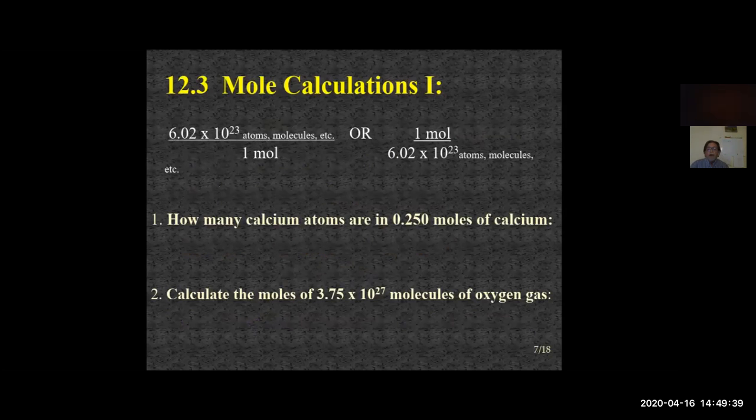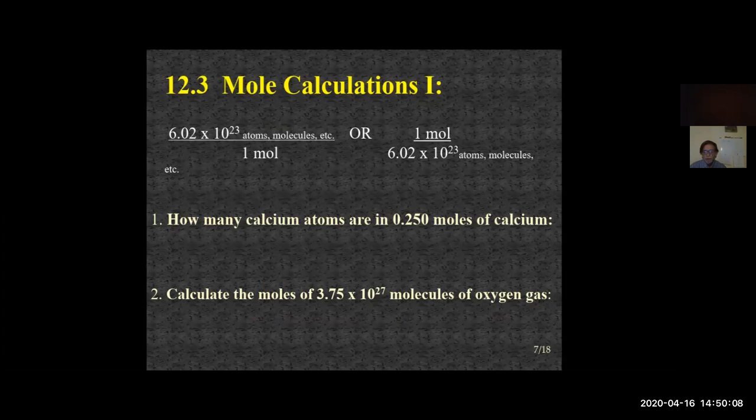Now, way back when we were doing conversion factors, going from metric to English and so forth, I talked about the ratio and how you can write that ratio one of two ways. Avogadro's number is the same way. It's nothing more than a ratio, like dollars per hour, miles per hour, grams per milliliter, things like that.